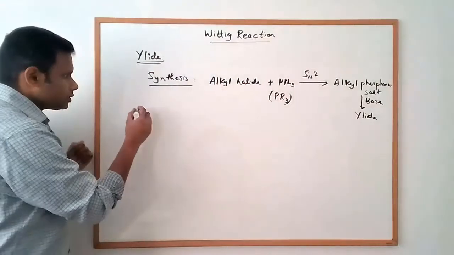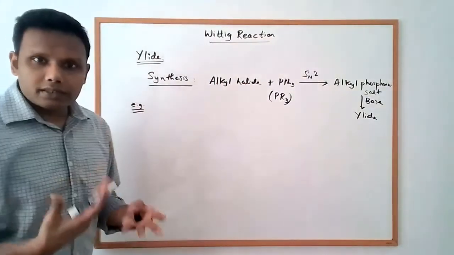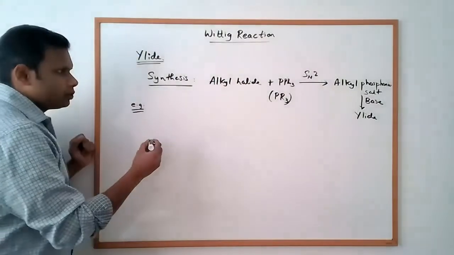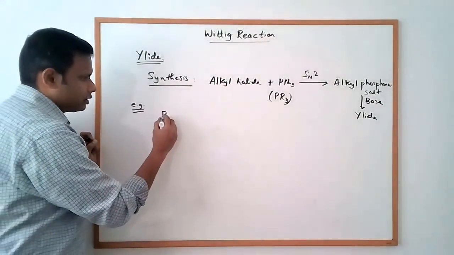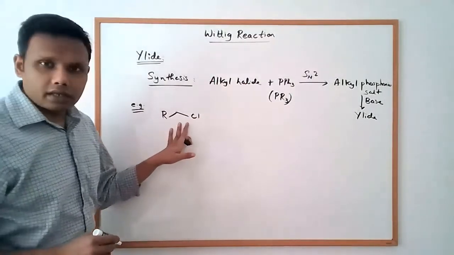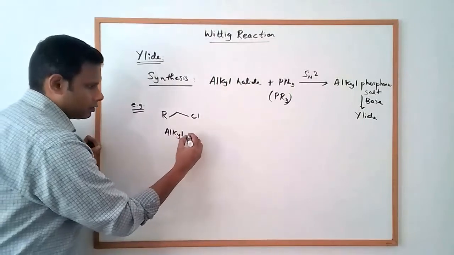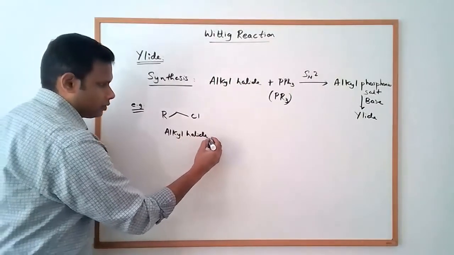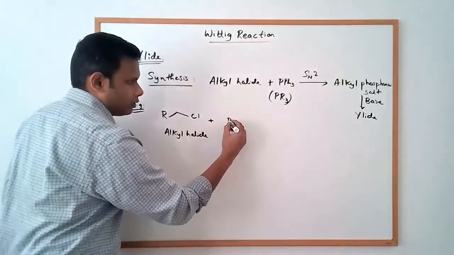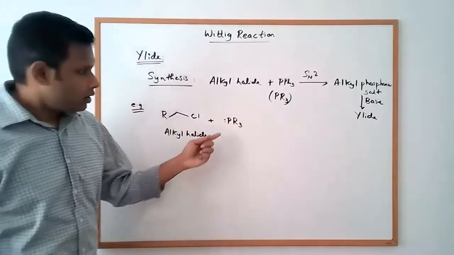Okay. So if we were to write a very generalized example, what we're doing here is we're reacting an alkyl halide with a phosphine.